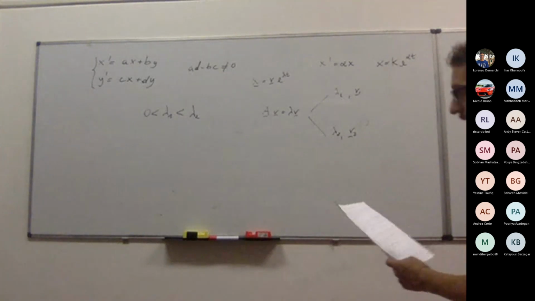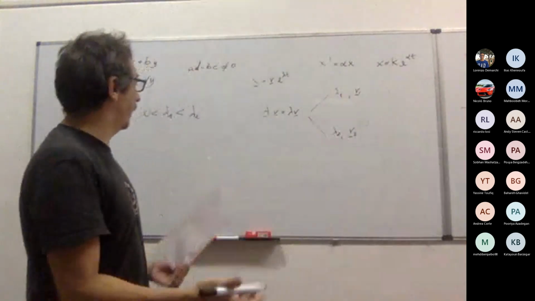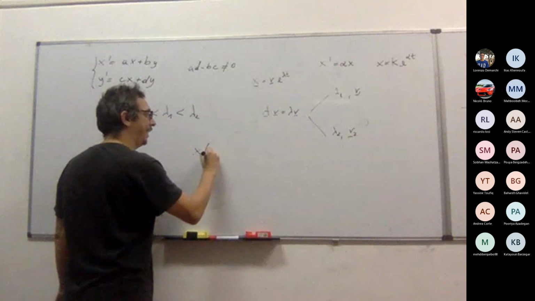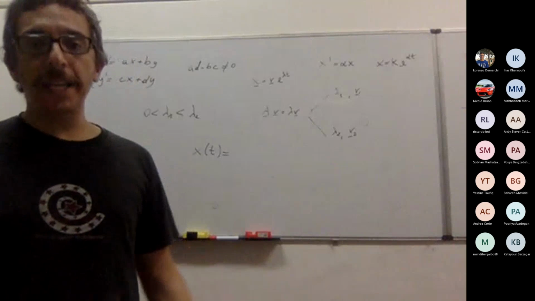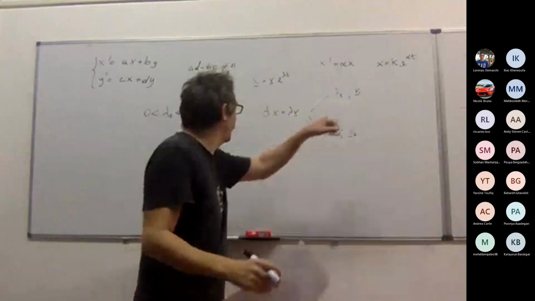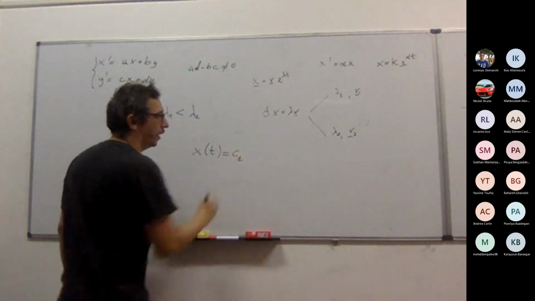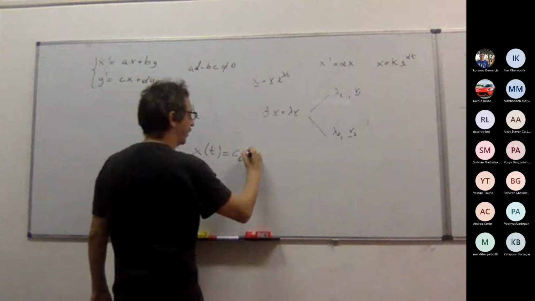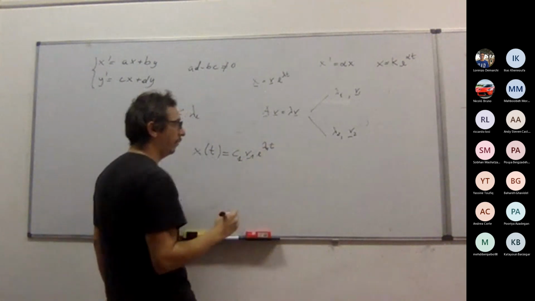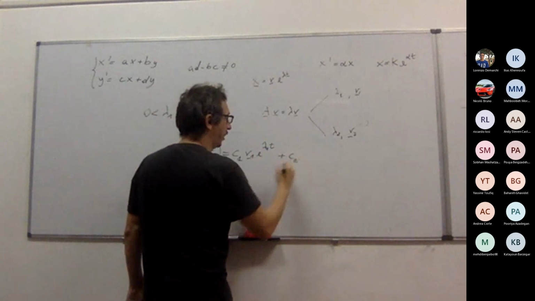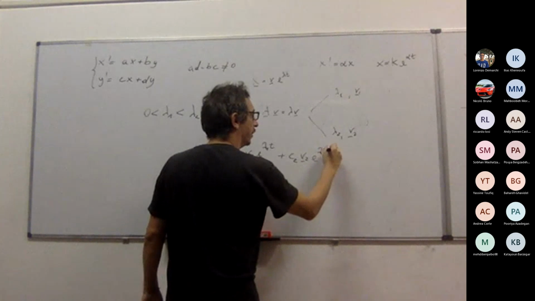Now, in this case, where they are linearly independent vectors, this means that the general solution of the differential equation, so x of t, can be written as a linear combination of the linearly independent solutions. So some constant c1 times v1 exponential lambda 1 t plus c2 v2 exponential lambda 2 t.